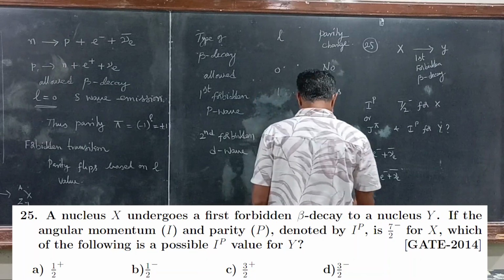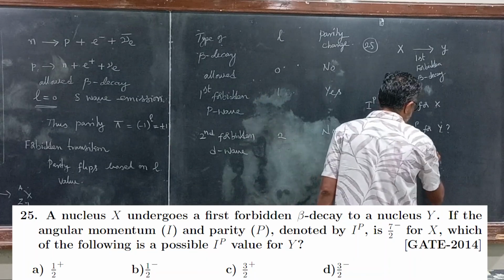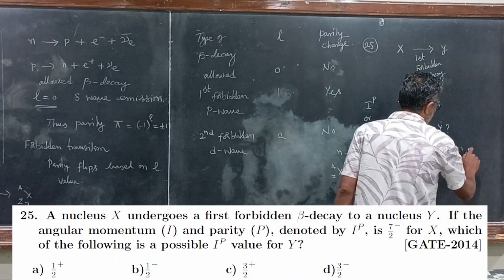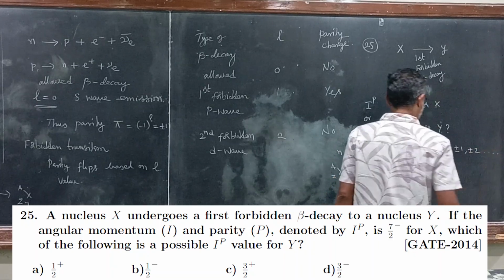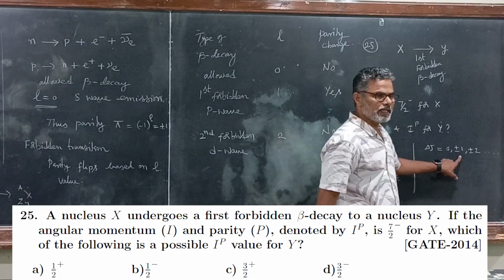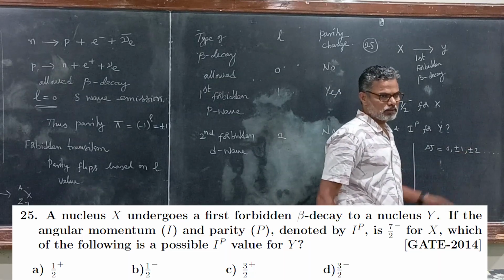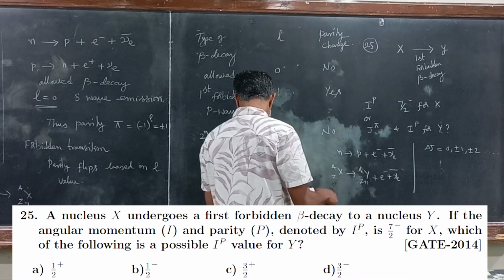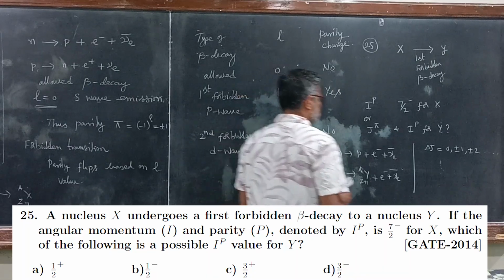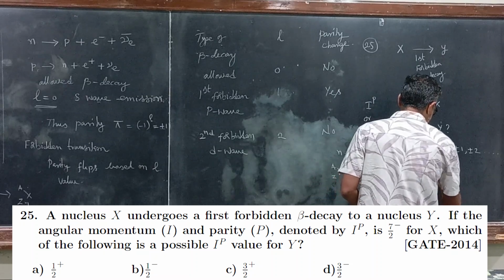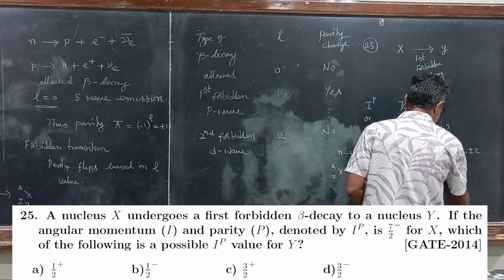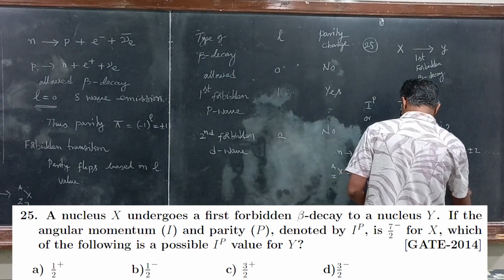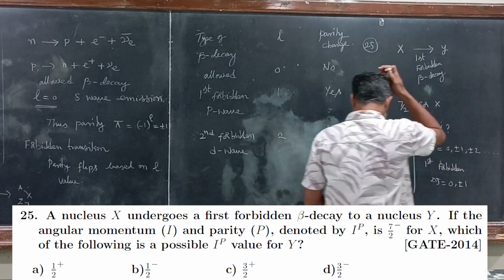So the selection rule for delta J: delta J can be 0, plus or minus 1, plus or minus 2, and so on. For the first forbidden, delta J equals 0, plus or minus 1.